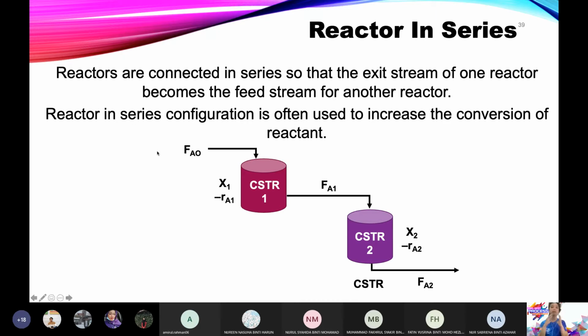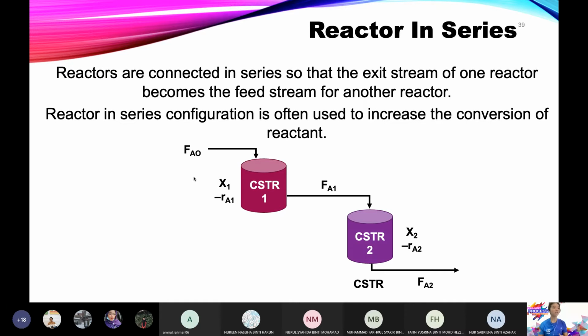Sebab tu FA0 always refers to the initial molar flow rate at the very first reactor, or the molar flow rate yang kamu prepare tu yang kamu boleh control, FA0. Means kamu nak tukar 10, kamu nak tukar 15, kamu boleh tukar, you can adjust, manipulate FA0.